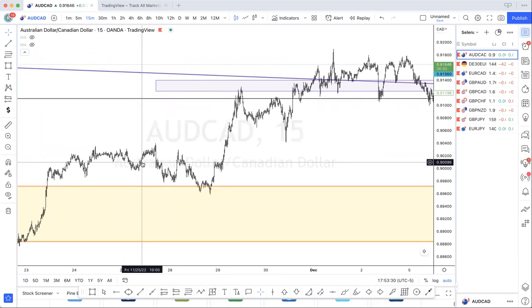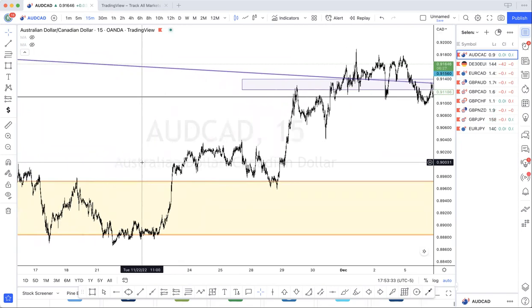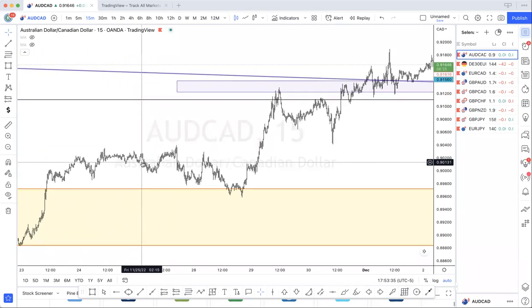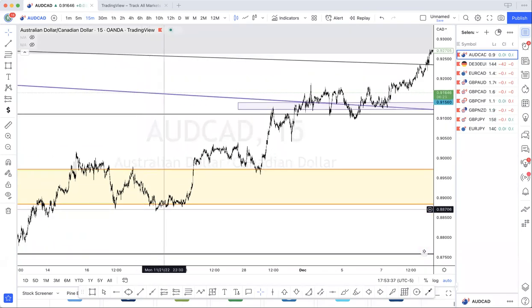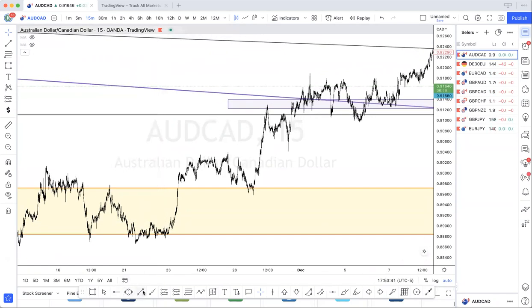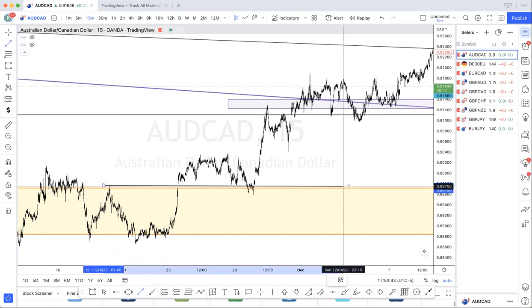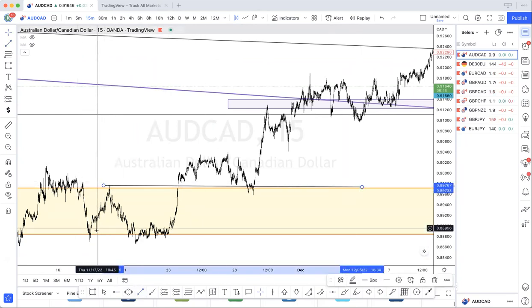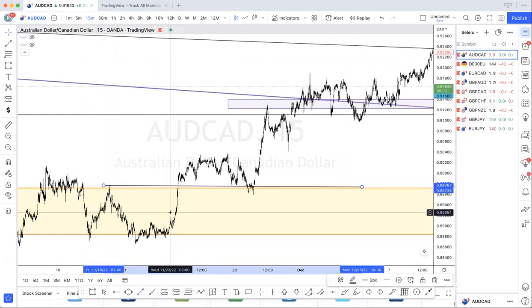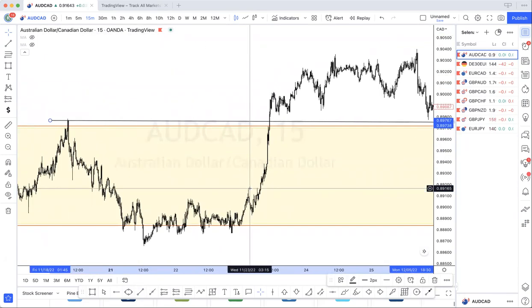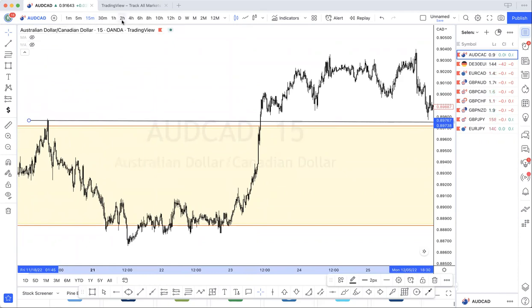For me, I have to have the major confirmation that it is pulling back to one of my break of structure areas, right? So price broke here and pulled back. Let me go to 1 hour.